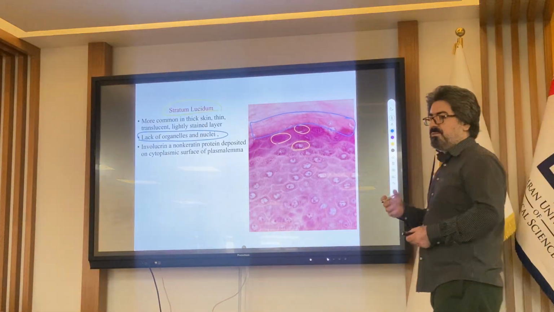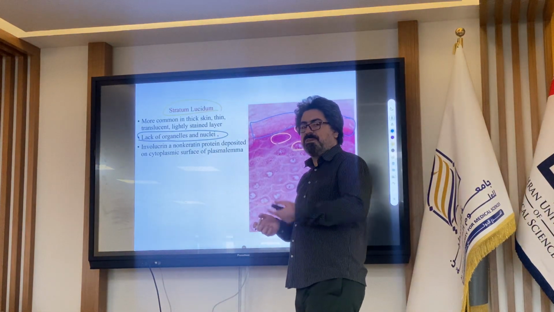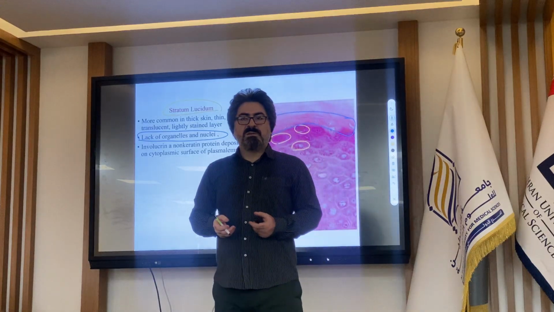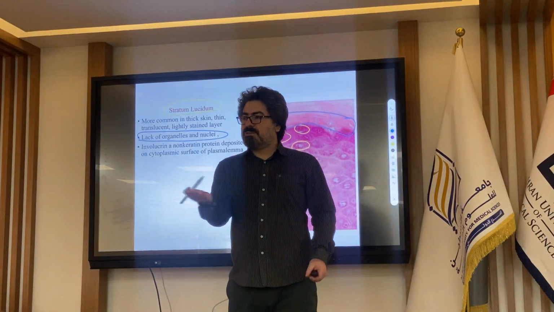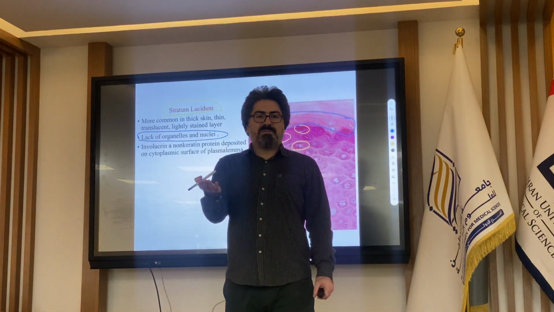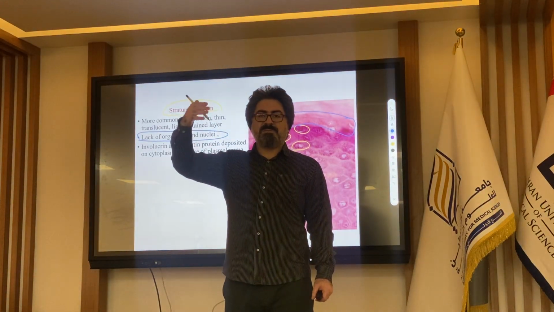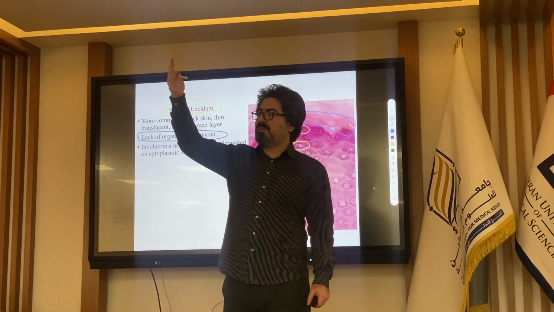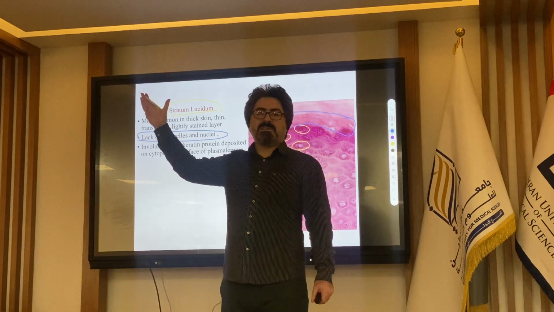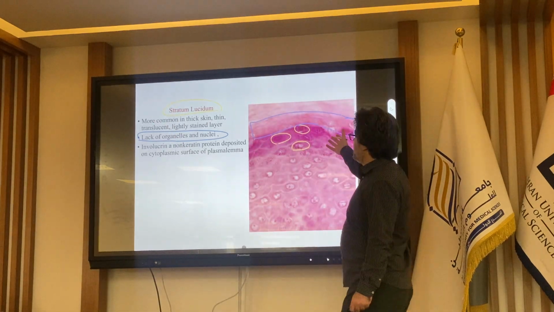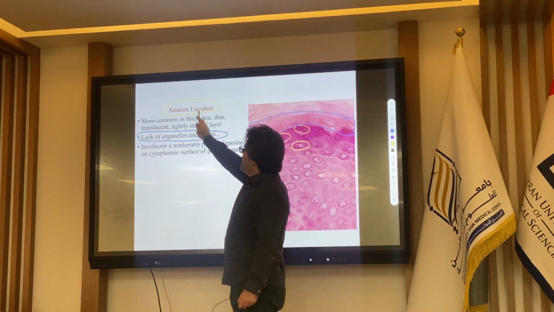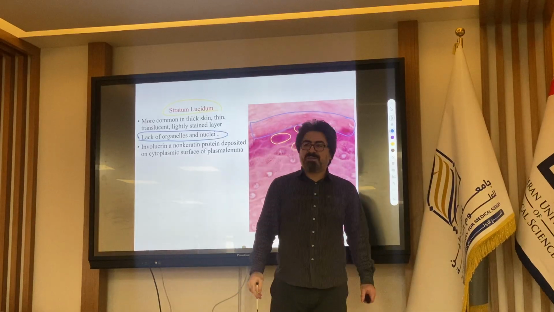And a group of tonofilaments are known as tonofibrils. But the basal cells have tonofilament, and with differentiation, the next cells in the spinous layer, in the granular and lucidum layer, have tonofibers.